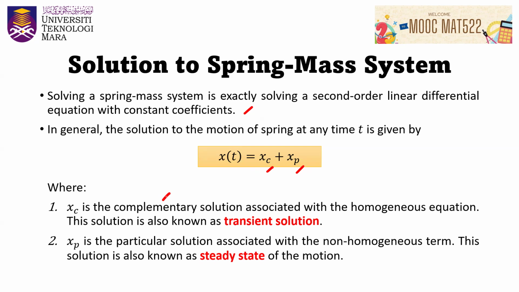This solution is also known as the transient solution. On the other hand, x_p is the particular solution associated with the non-homogeneous term. This solution is also known as the steady state of the motion.